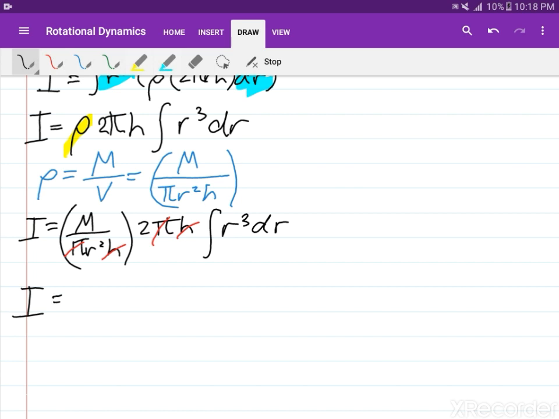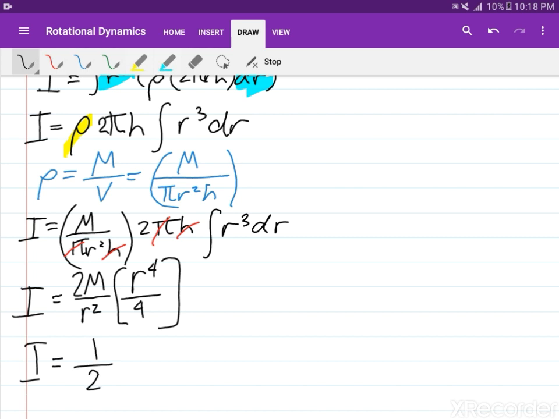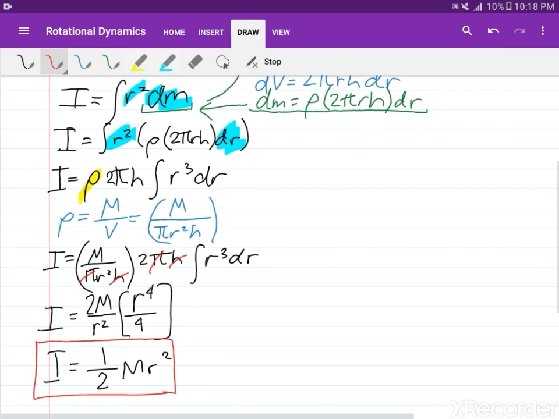So we have M over r squared, and we have a factor of 2. Then integrating r cubed dr, we have r to the 4 over 4. So we will be left with one half M r squared, which is the moment of inertia of our disk.